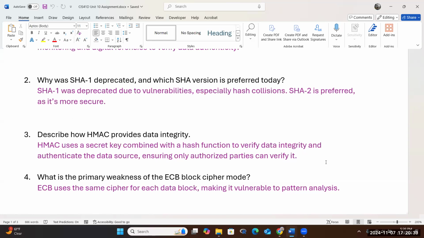So that way the receiver should be able to verify what the hash was and that the data is intact when it's received. And if it's not matching, then we know that the data has been modified, right? So it authenticates the packet.